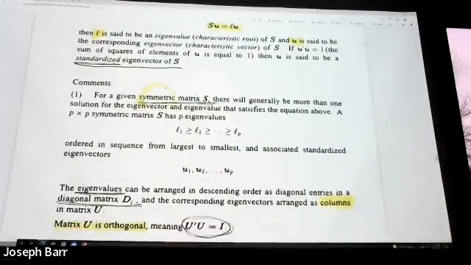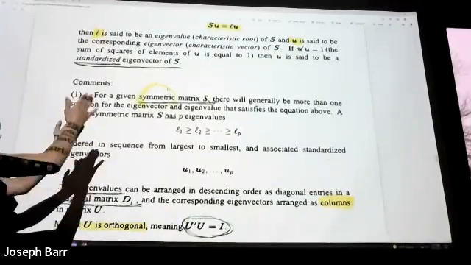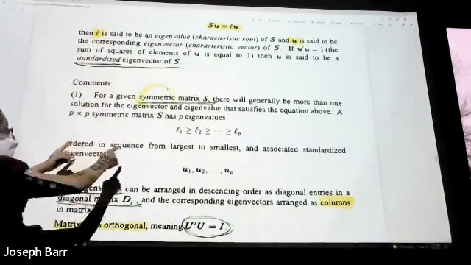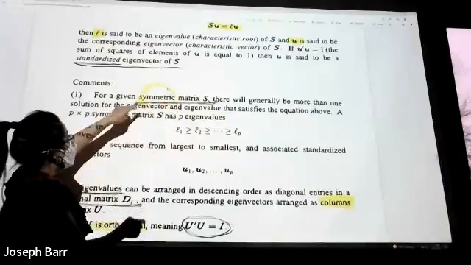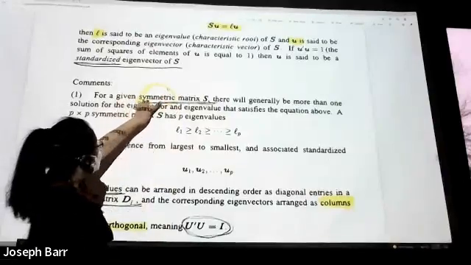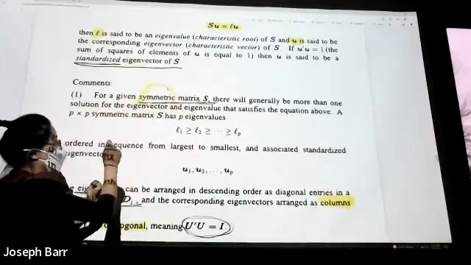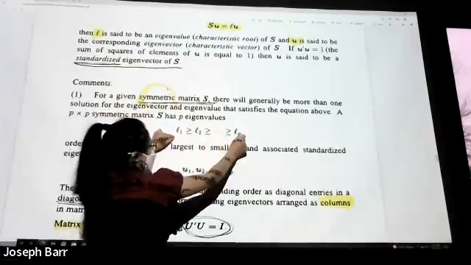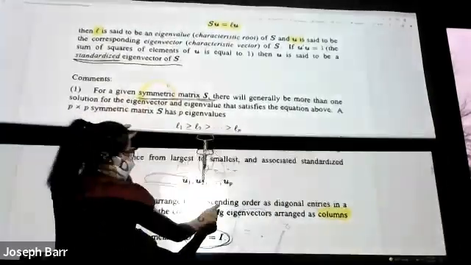So if we have a symmetric matrix S, we may have a lot of eigenvalues. Because the dimension of this symmetric matrix is P, we can find P of these very important numbers.